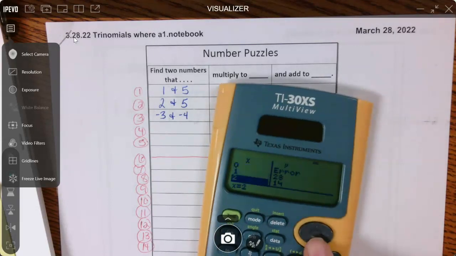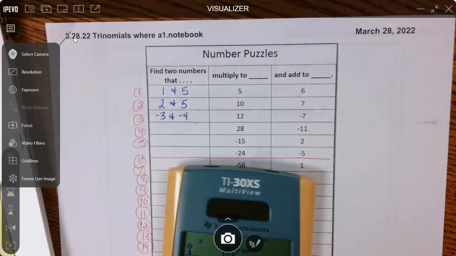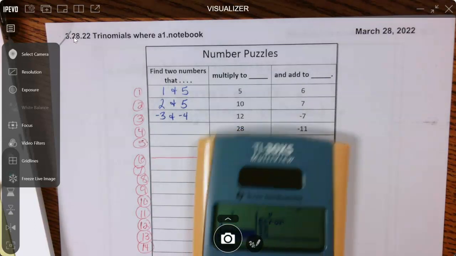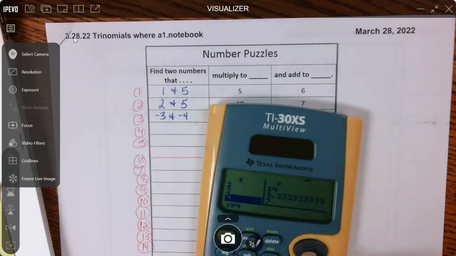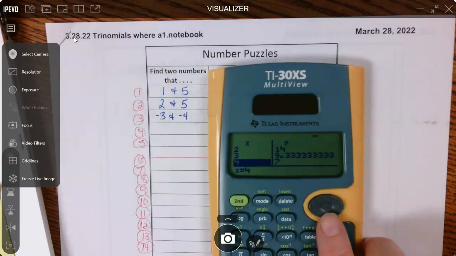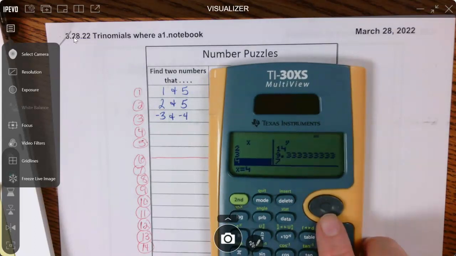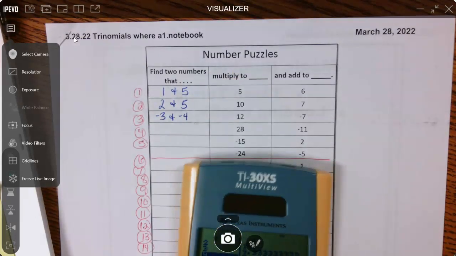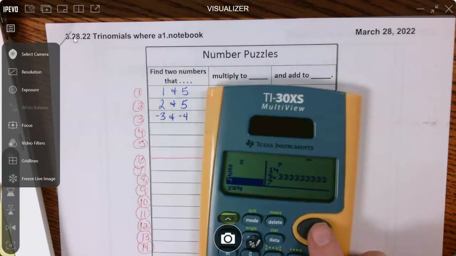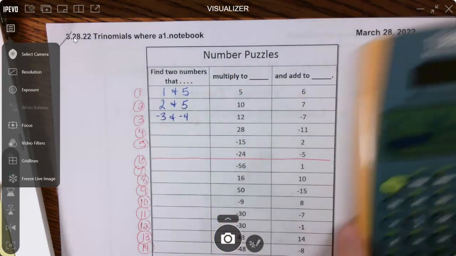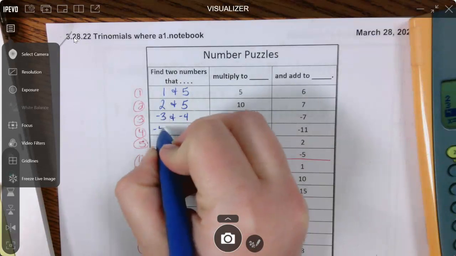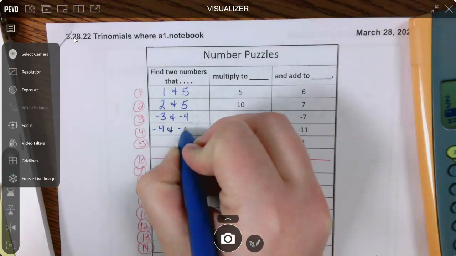Negative 2 and negative 14. That adds to give me negative 16. That's not negative 11. Okay, and let's keep going. 3 doesn't fit in. What about 4 and 7? Negative 4 times negative 7 would give you a positive 28. Negative 4 plus negative 7 will add to give you a negative 11.